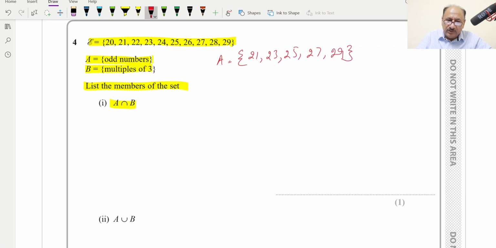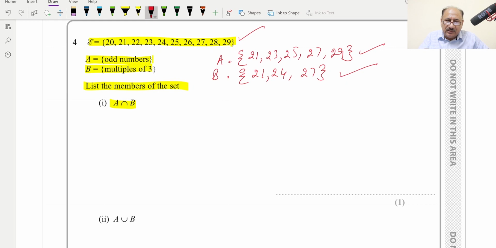These are odd numbers from this universal set. Then B also we can write they are multiples of 3. So multiples of 3 will be 21 is divisible by 3, then 24 is also divisible by 3, and then 27 is divisible by 3. Rest are not divisible by 3. So this is our set A and B.